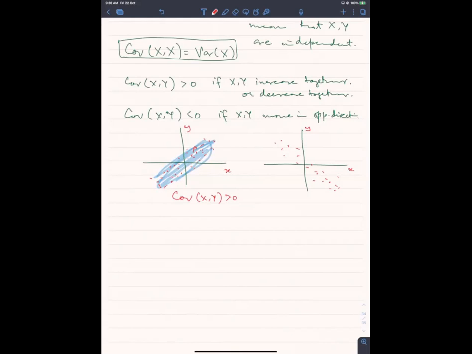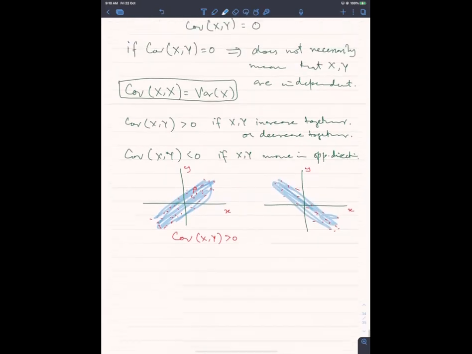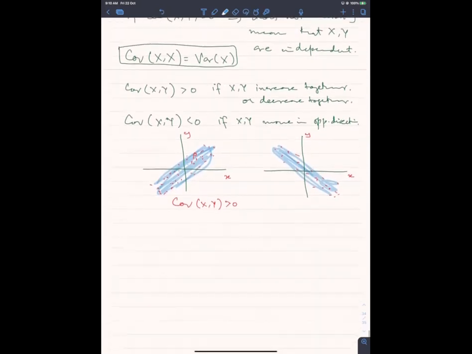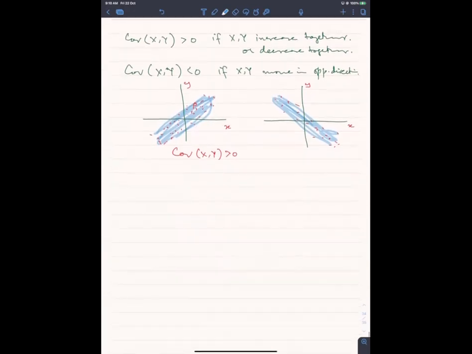And in this case you will notice, tendency of x and y are to move in the opposite direction. Higher values of x lead to lower values of y, that y will have a tendency to take lower values. Great. So in this case, the covariance between x and y would be less than 0.